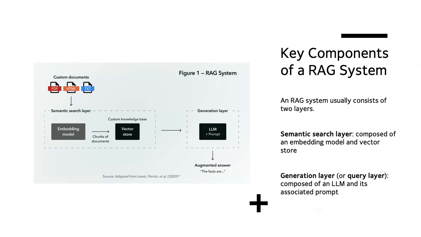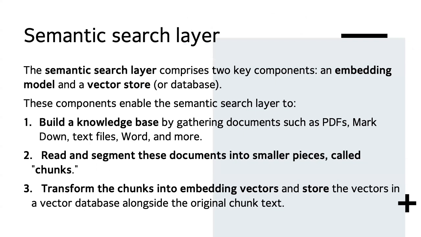So as I mentioned before, there are two key components of the RAG system. The first one is the semantic search layer. This is composed of an embedding model and vector store. We also have the generation layer, or maybe you can say query layer, which is composed of an LLM and its associated prompt. So the semantic search layer comprises two key components, which are the embedding model and vector store, or we can also say database.